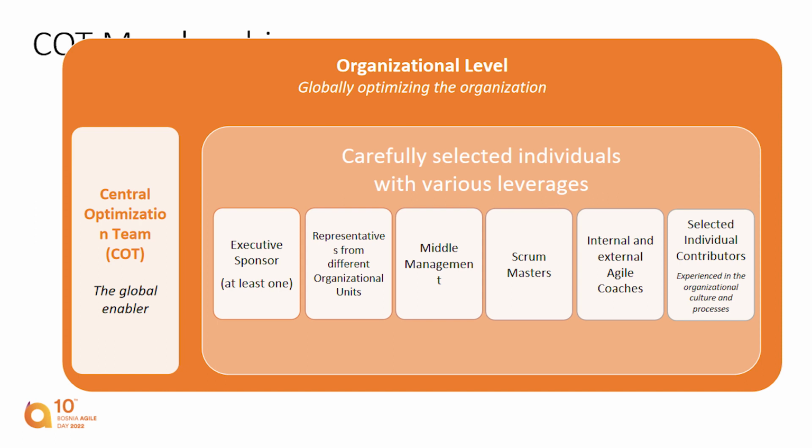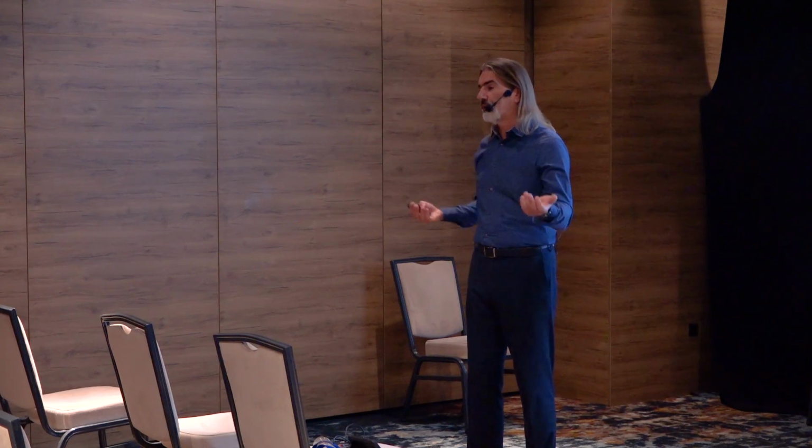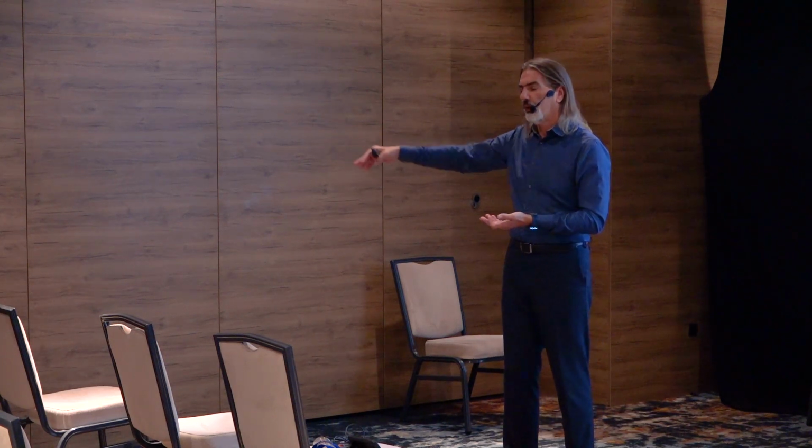But otherwise, you should have representatives of different parts of the organization so that you have the ability to reach out to them and influence their work. And also middle management. Remember the middle management. Making them a part of the COT would be the best way to engage them. And you really want them to engage in the transformation, because otherwise they might become an enemy. So the middle management should be on board.